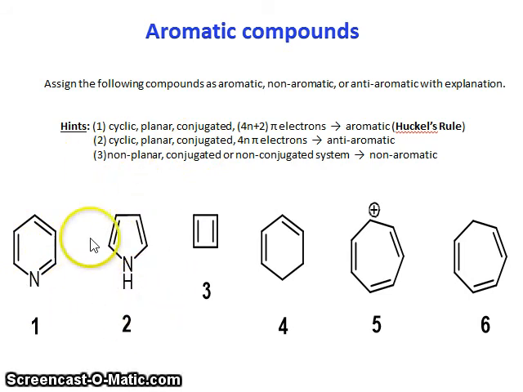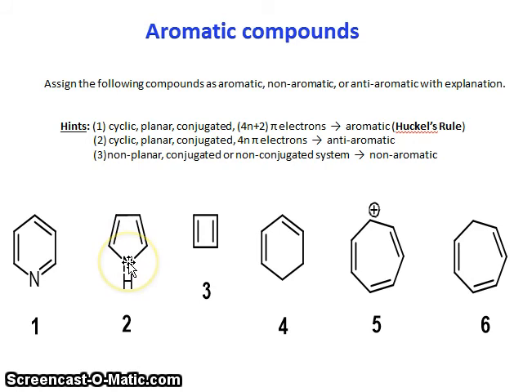Look at the second example. This is called pyrrole. Now this has a 5-member ring. That means this is a cyclic structure, and all the atoms, so 4 carbons and 1 nitrogen, are all on the same plane. It's conjugated. You can see the double bonds over here, and don't forget the lone pair on the nitrogen atom.